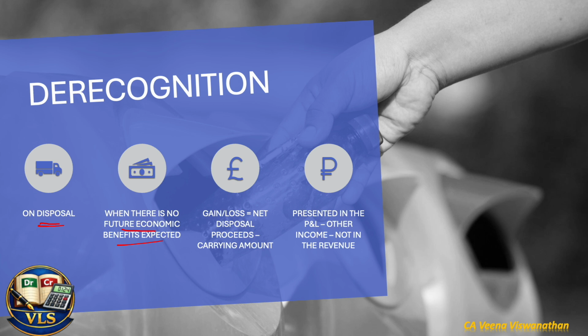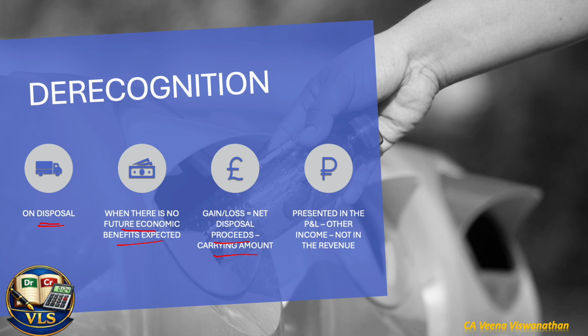No future economic benefit means sometimes the asset is still physically present, but it cannot generate any benefit. For example, a machine that is permanently damaged or obsolete. In such cases, it must be derecognized. So, what do we record here? When we remove the asset, we compare the asset's carrying value to the proceeds which we receive from the disposal.